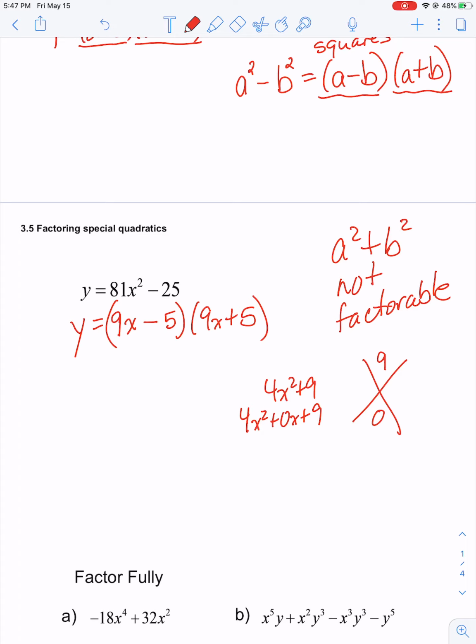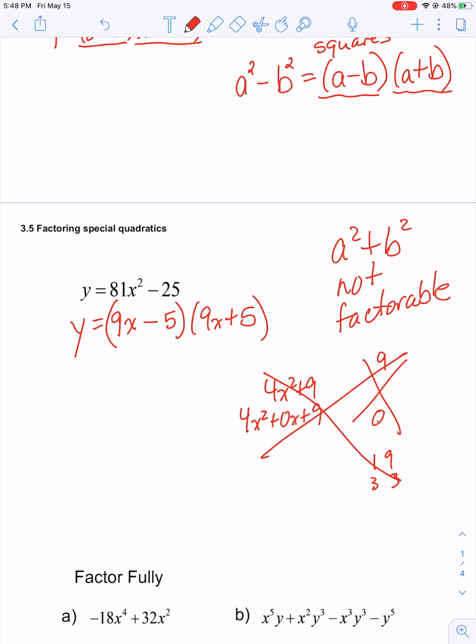Well, the only numbers that multiply to give you 9 are 1 and 9 and 3 and 3. I add those together, I'm going to get 10 or I'm going to get 6. I can't add them together to get 0. It can't happen. So a squared plus b squared is not factorable, and that's a really key concept in many different branches of math.